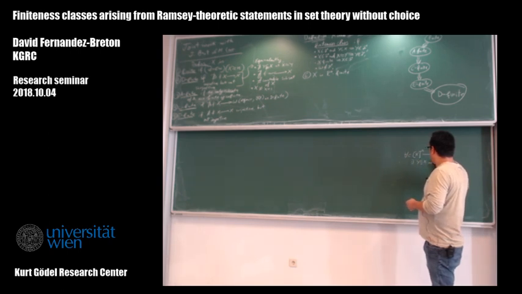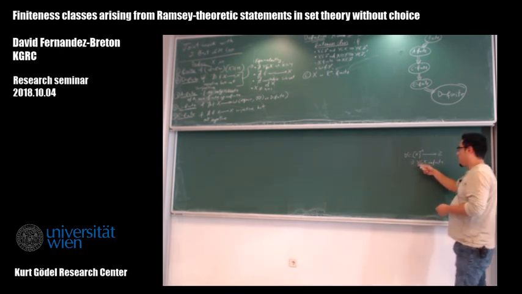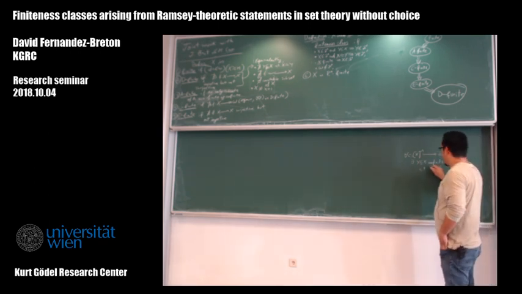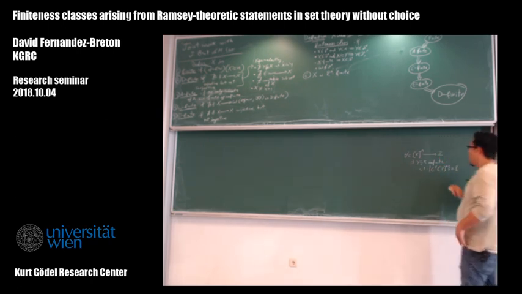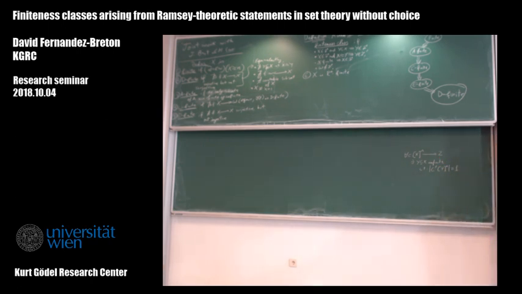an infinite Y such that the n-tuples from Y are monochromatic. So if instead of X I write there omega, this is something that can be proved without choice.